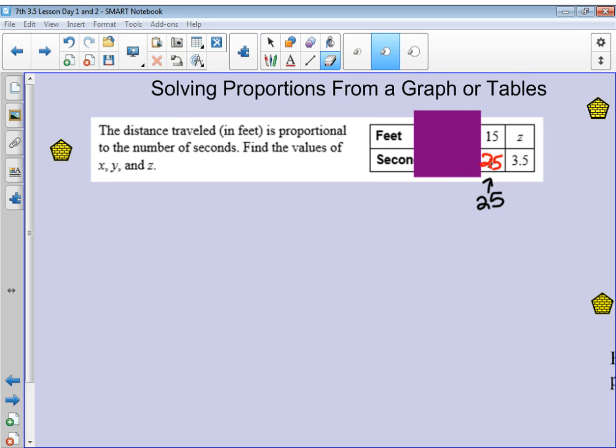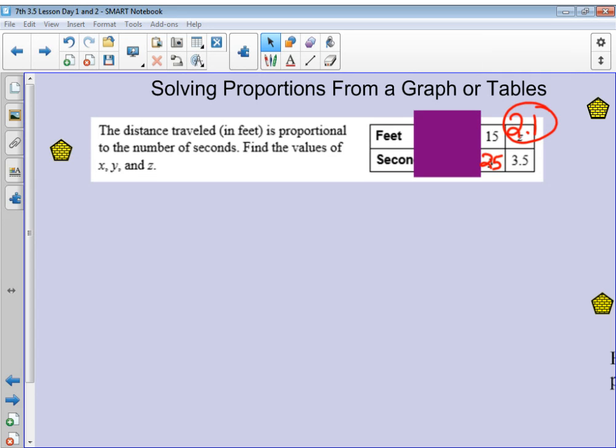So now you're going to go ahead and solve for Z. And when you solved for Z, you should have gotten, let me double check that. 2.1 for this. To double check, I had in my head it was going to be a different number.